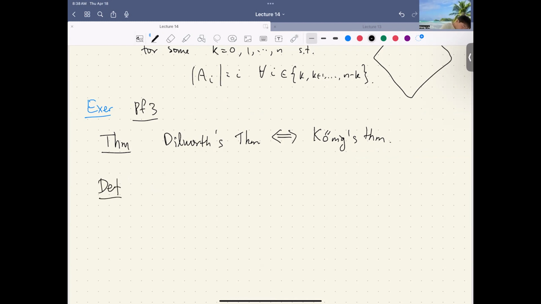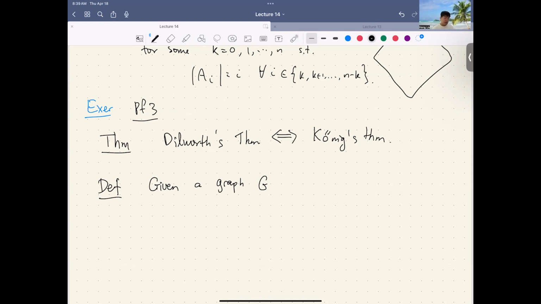Definition: given a graph G, we define the matching number. We all know what it is. It's just the maximum size of a matching, which is a set of edges that are pairwise disjoint, with disjoint sets of endpoints. So I will not define it further.